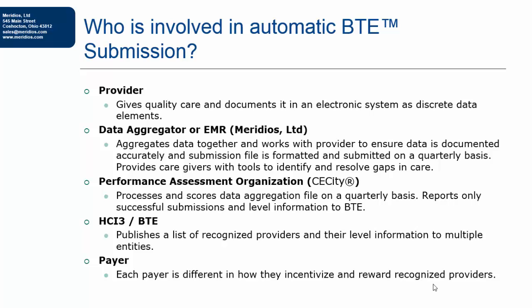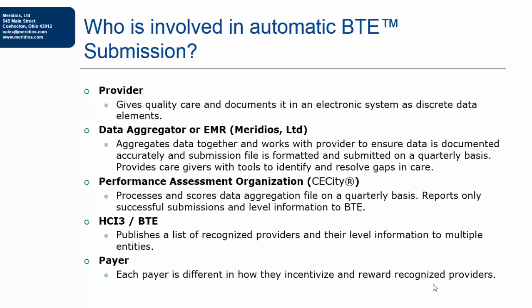Once BTE gets the list of providers who have successfully submitted and their level, whether level 1, level 2, or level 3, they publish that on their website, and they also distribute that list to payers and partners who use it for incentives. Each payer will be different in how they incentivize and reward recognized providers.